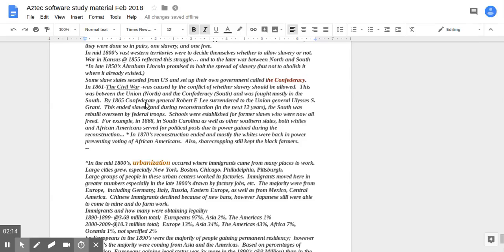This was between the Union, which was the North, and the Confederacy, which was the South, and was fought mostly in the South. By 1865, Confederate General Robert E. Lee surrendered to the Union General Ulysses S. Grant. This ended slavery, and during Reconstruction in the next 12 years, the South was rebuilt, overseen by federal troops.